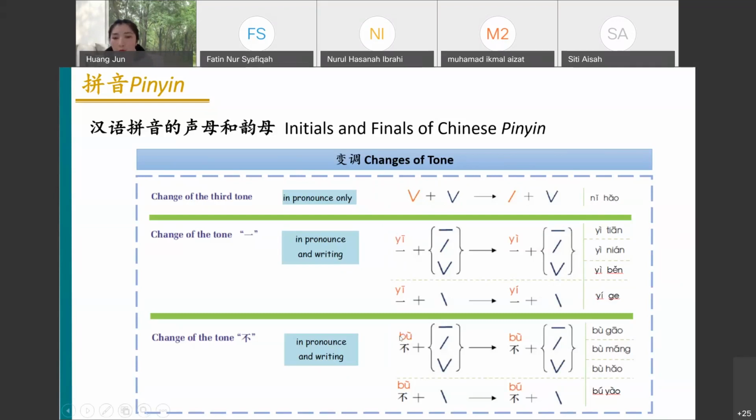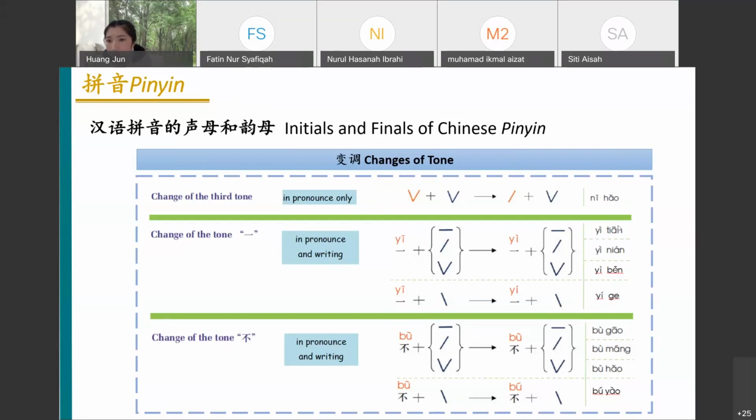Then the word "bu" in Mandarin means no. So the word "yi" and the "bu," we have a tone change, both in writing and pronunciation. How we change the tone depends on the word put after them. When they match with different words, they will have different tone marks, like the example we show you.